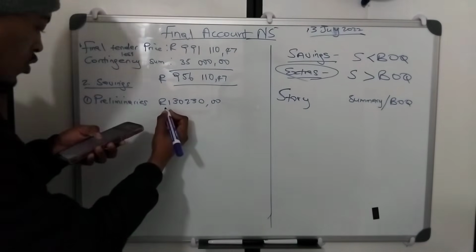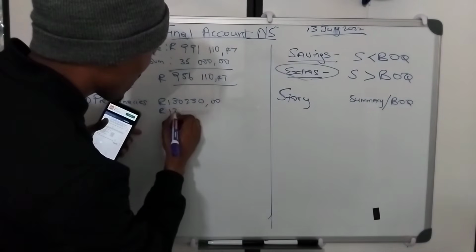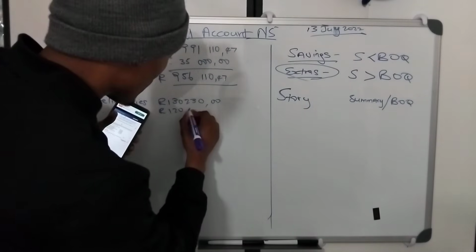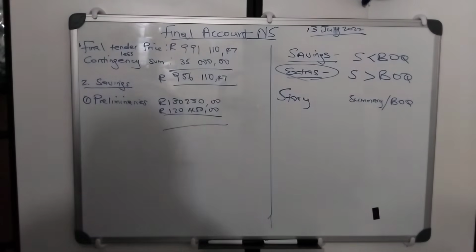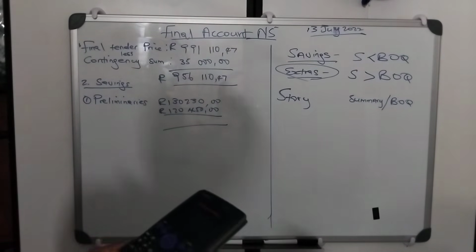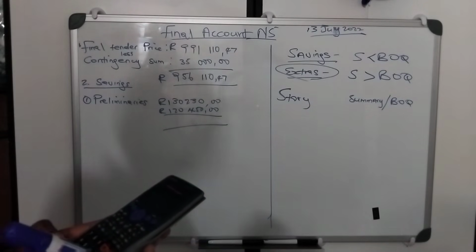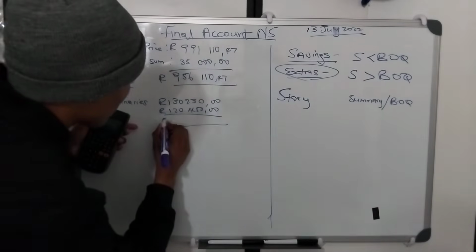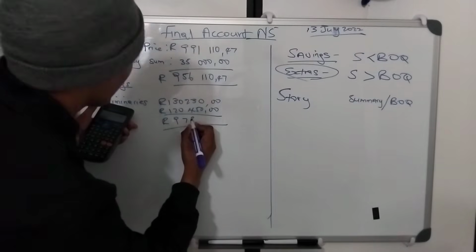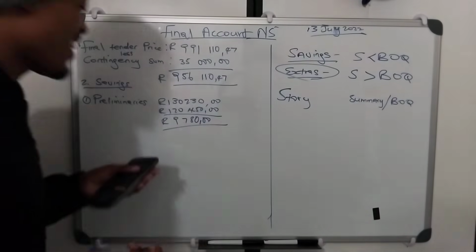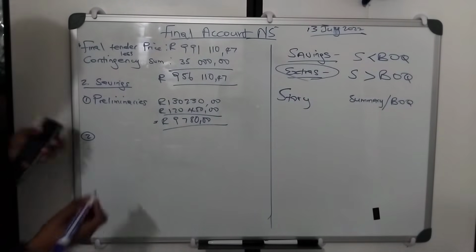Then the amount of preliminaries on the store is 120,450. Okay, let me punch it fast. So we have 130,230 minus 120,450. So we are left with 9,780.